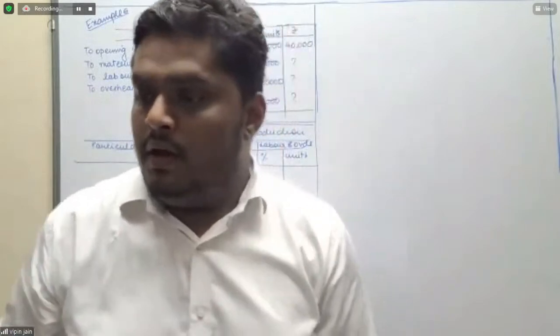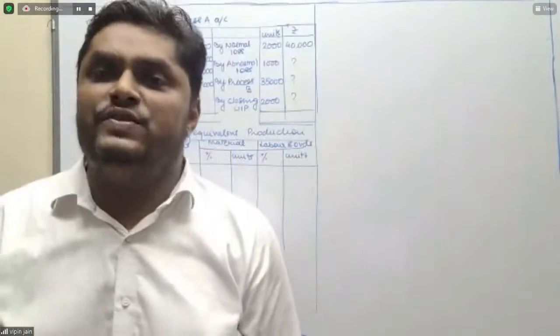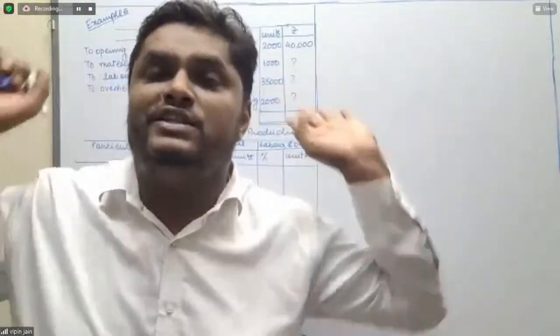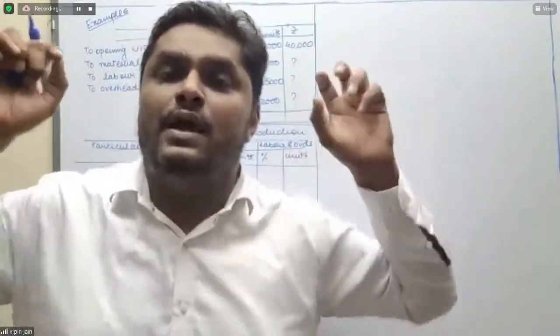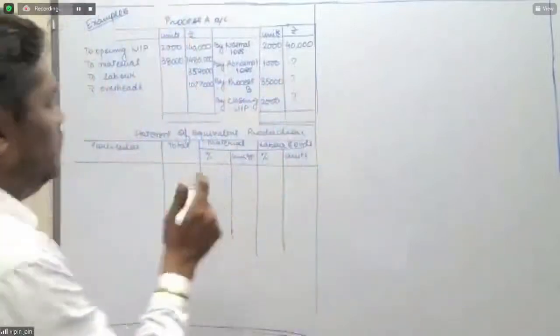Now let's start, guys. We are solving this question using weighted average method. As I told you, in weighted average method, no need to do bifurcation. How much is opening work in progress? How much are the units transferred from this process? Simply write units transferred.